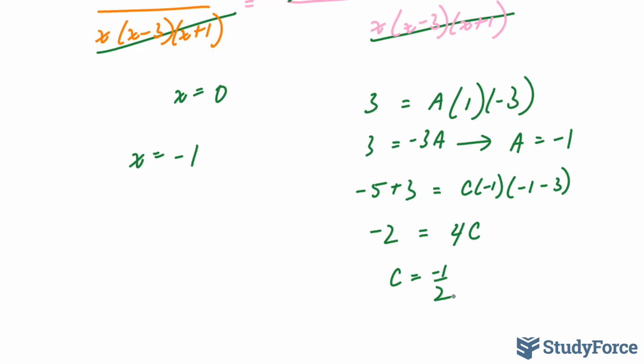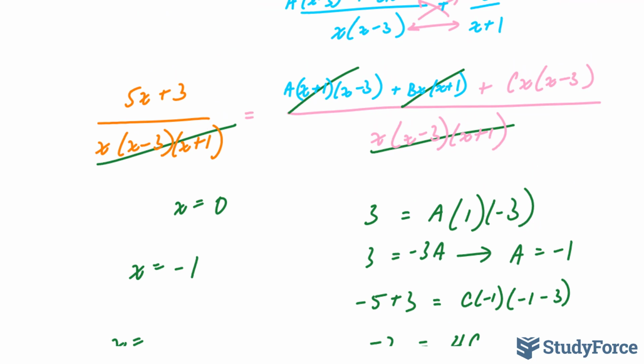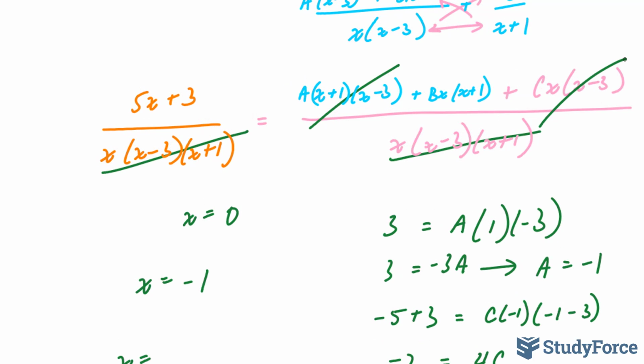Excellent. Now we have to find our B value. What x will make 2 out of these 3 terms go to 0? Well, if I set x equal to positive 3, this will go away, and so will this. And we're left with our B term.